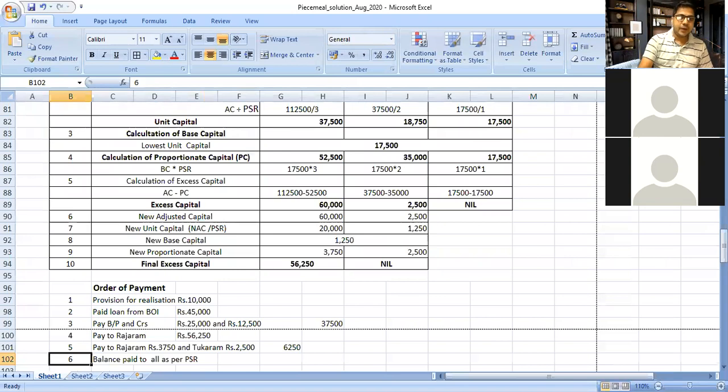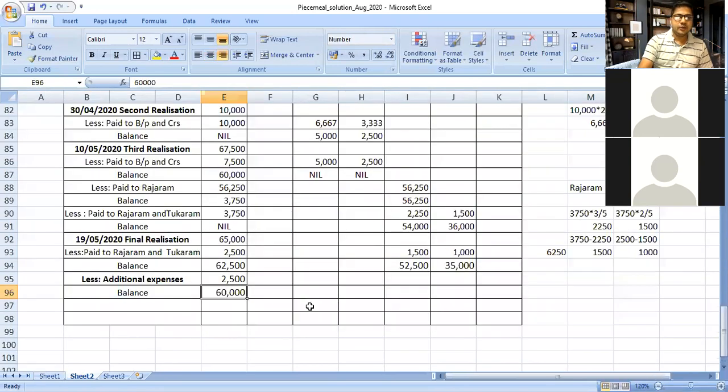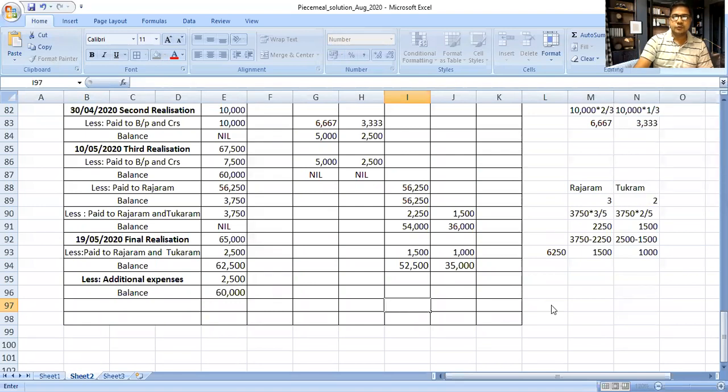The balance amount we have to pay to all partners as per their profit sharing ratio. So we have a 60,000 balance that we have to pay to Rajaram, Tukaram, and Sakaram.